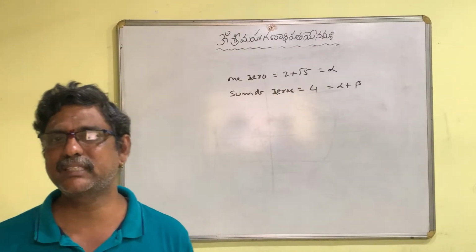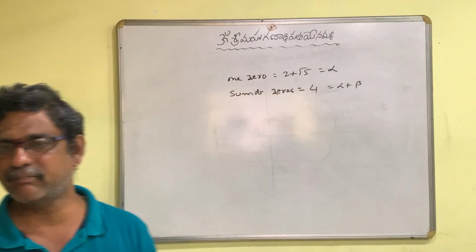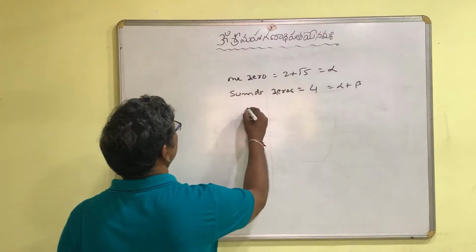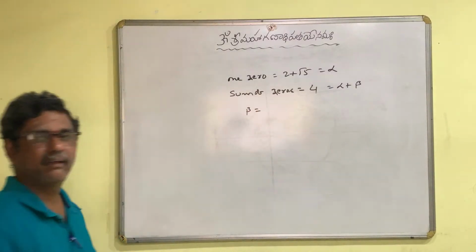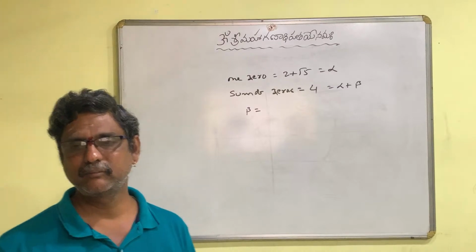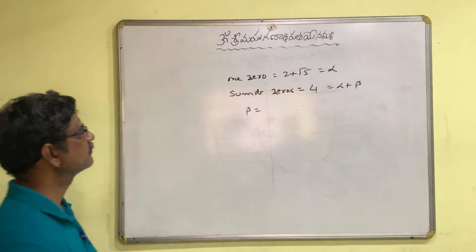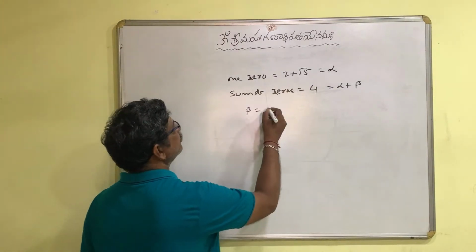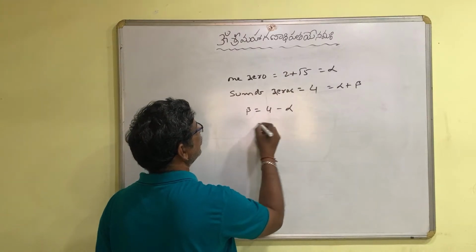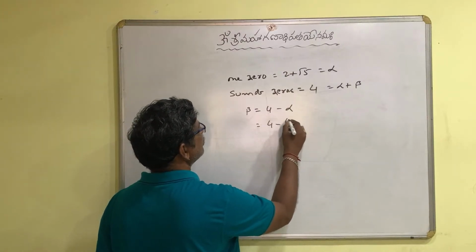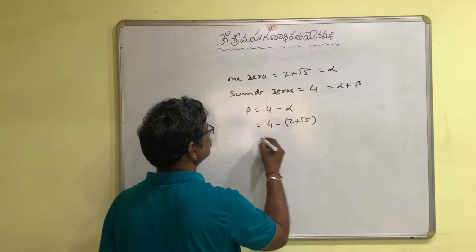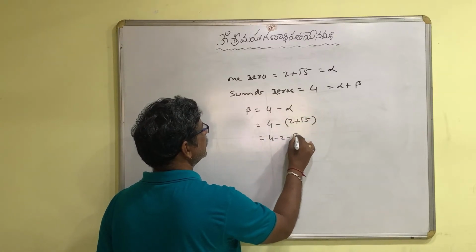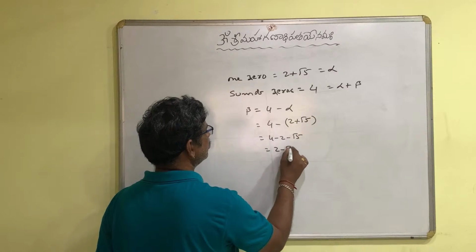And the sum of zeros is given as 4, that is alpha plus beta. Can we find out beta? So beta is equal to 4 minus alpha. 4 minus alpha is 4 minus 2 minus root 5, so beta is 2 minus root 5.